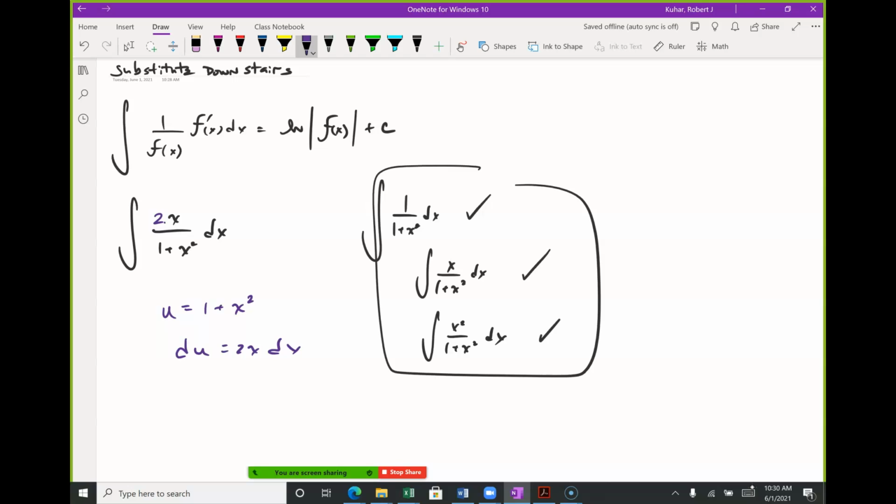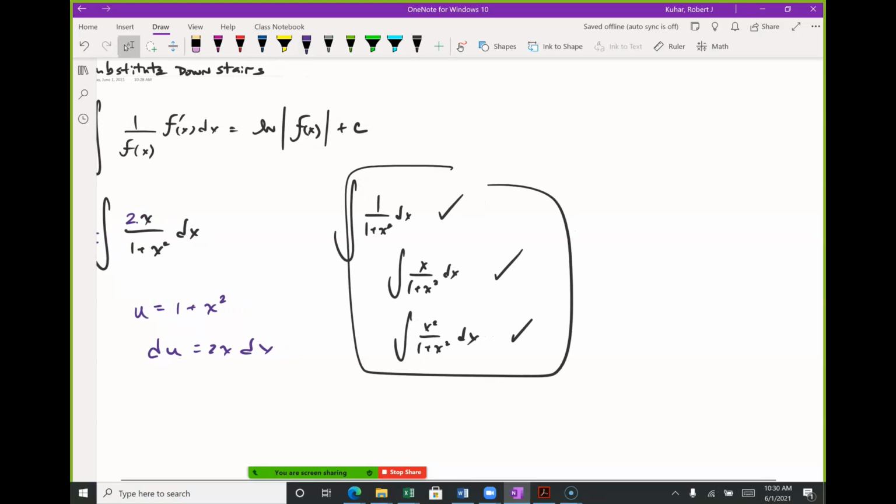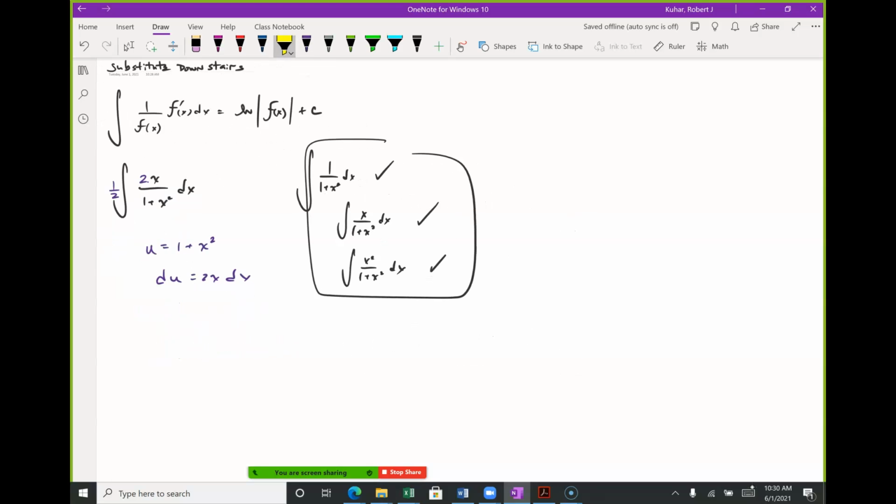But I have to cancel that. I can't just do that. I got to also divide by 2. Now look at what happens to this green piece in here. And look what happens to this blue piece. Right? So what do I have? I have 1/2 of 1 over u du. The green piece is du. The blue is u. I have 1 over u du. So that's 1/2 of the ln of the absolute value of u.